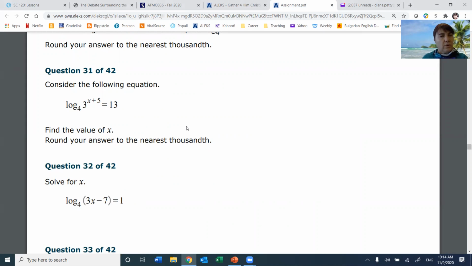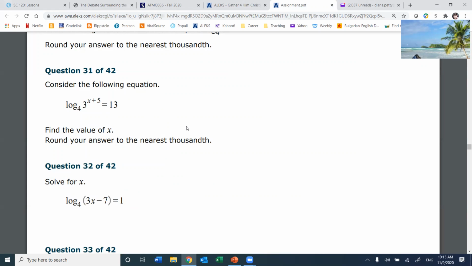Let's do 31. The only person here is Elizabeth, so she has to solve it. See if we can find X. Find the value of X is what it says. So what should we do? Somehow we need to extract this X.